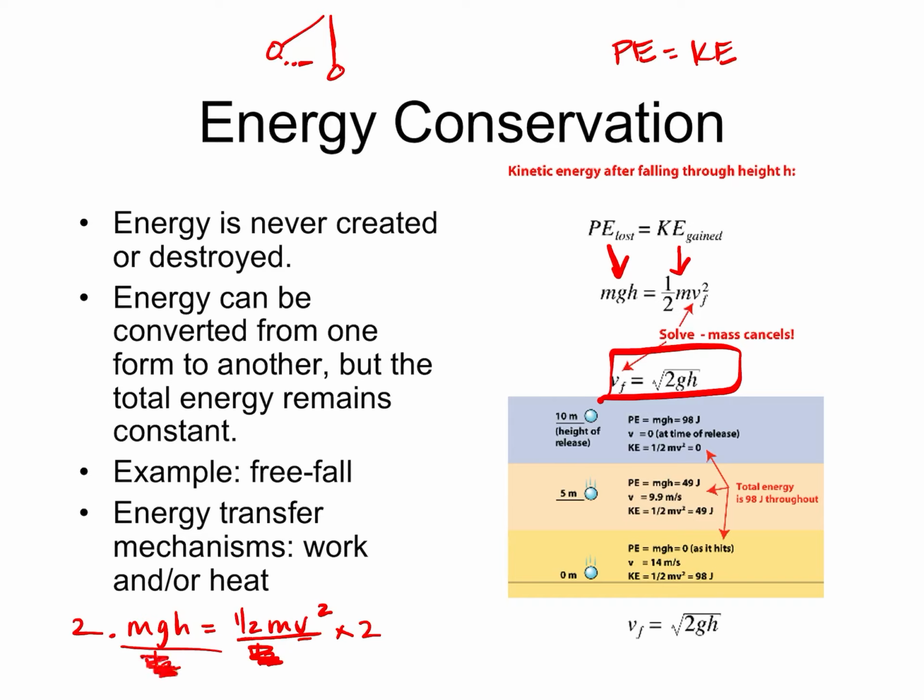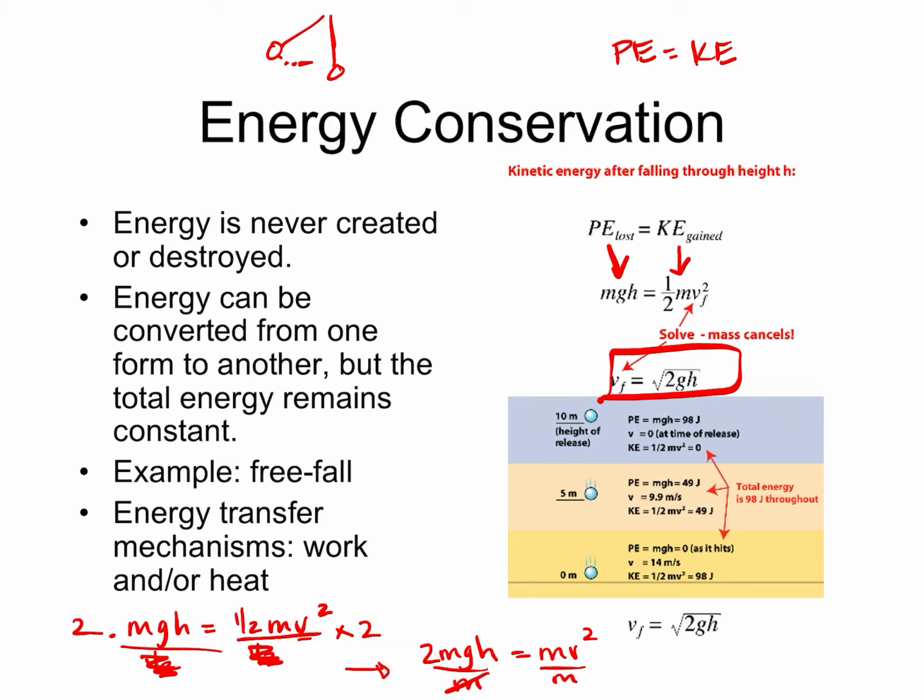I always multiply by 2, but you can do the divide by a half if you like that better. So I'm going to write out what we have so far: 2 times mass times gravity times height is equal to mass times velocity squared. I got rid of that 1/2 by multiplying by 2.